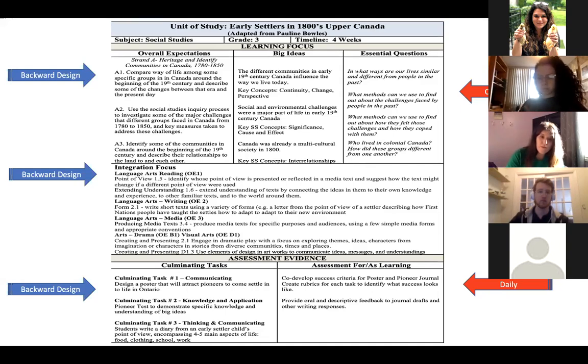She's going to give them a test, which falls under the knowledge and application area. And then under thinking and communicating, she's going to have them write a diary. So she has decided those are 3 culminating tasks that she's going to do. Now, it's not necessarily clear from this plan when she was planning to do it, but I'll show you how I have done it. So that's the first part.